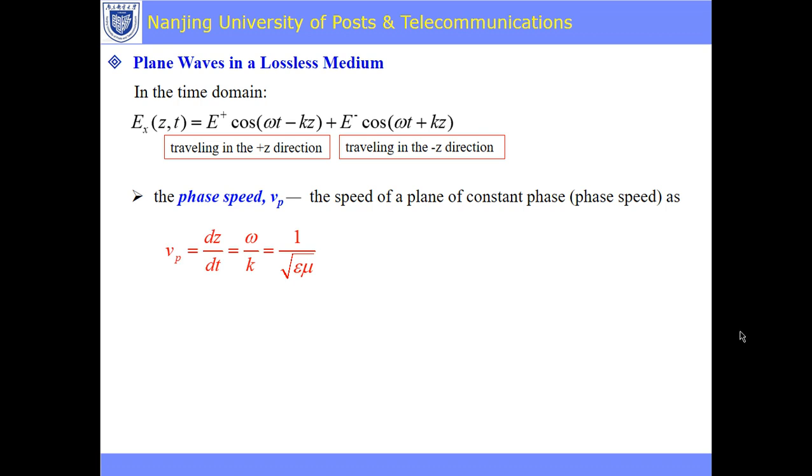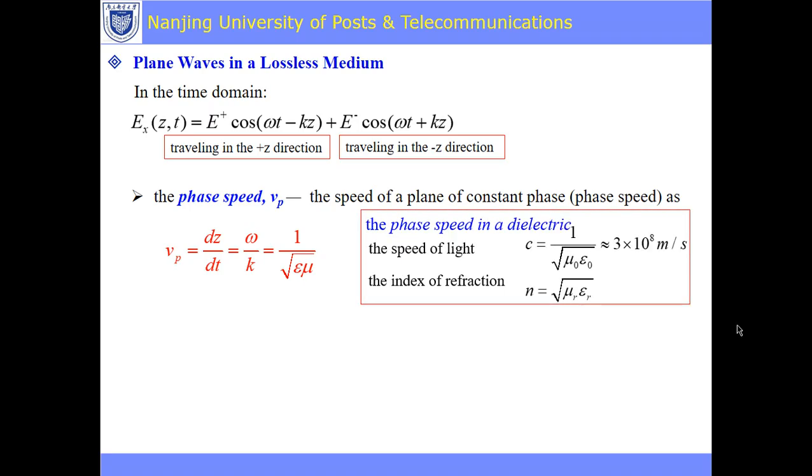Then the next term is called the phase speed, the speed of a plane of constant phase. How do you define phase speed? If you take the derivative of z with respect to t, you get what is called the phase speed.